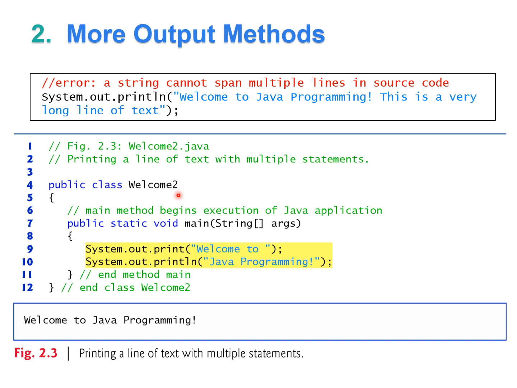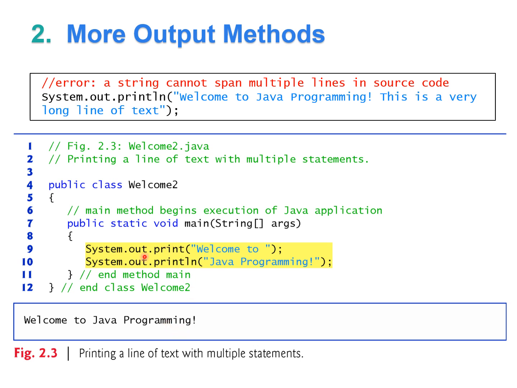The Welcome Two program performs exactly the same task as the Welcome One program, that is to print out one line of text that reads Welcome to Java Programming. However, the Welcome Two program does this task with two statements instead of one.